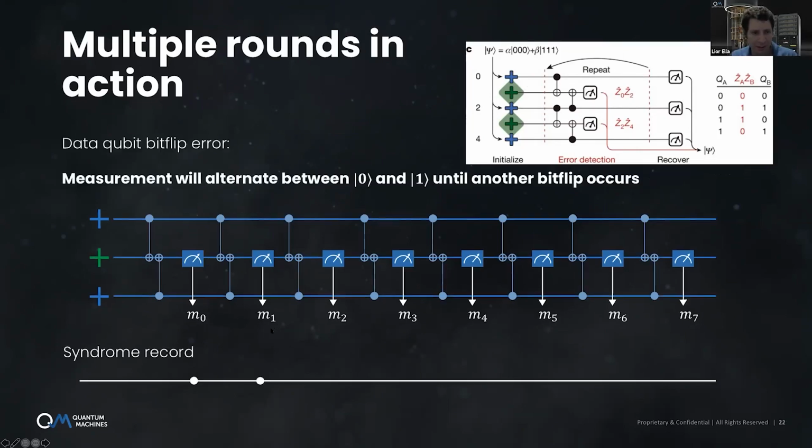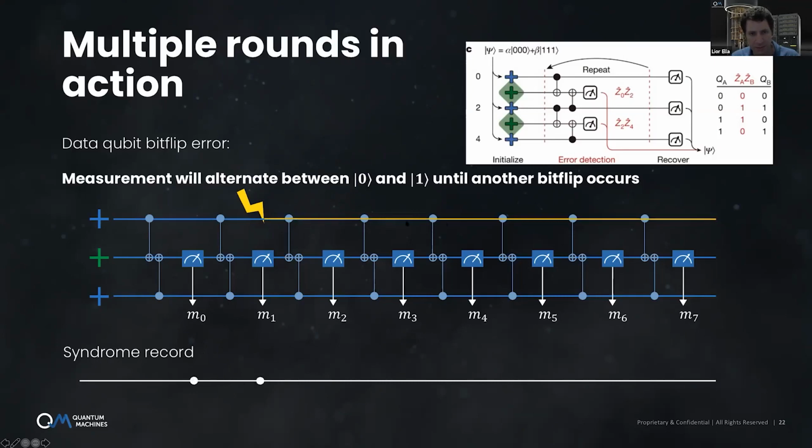Okay, so what happens when we have an error? Let's run through it. Let's say we had a run where the only error that occurred is this data qubit error here. So in the first two syndromes, let's say we started with zero parity, with even parity, so the first two syndrome records are going to give us 0 and 0.